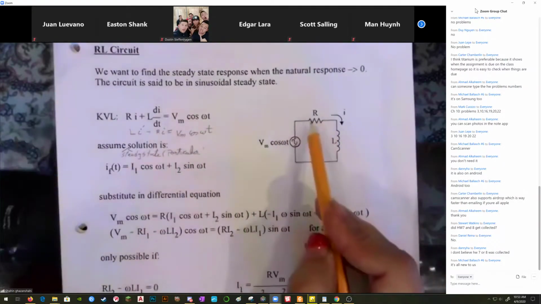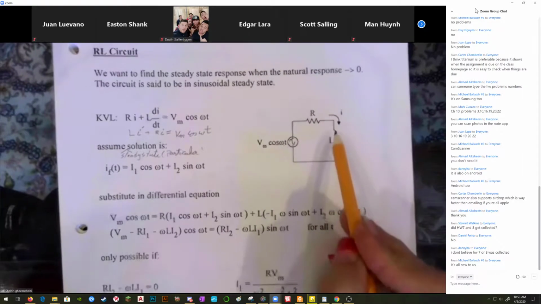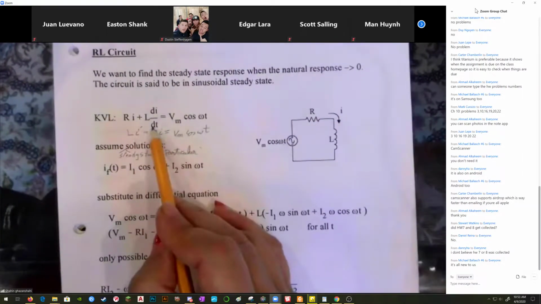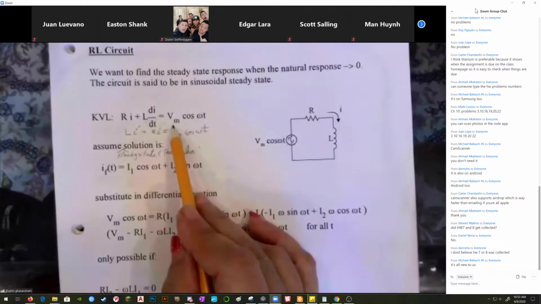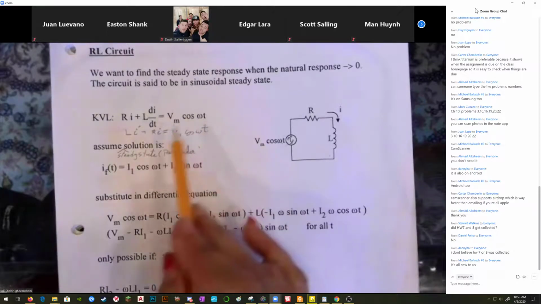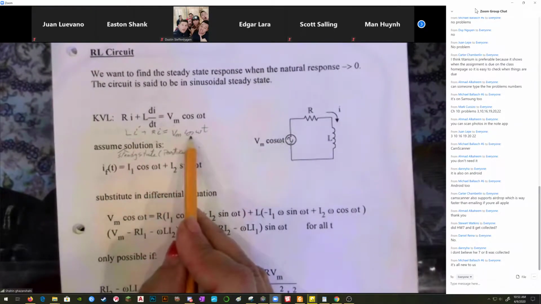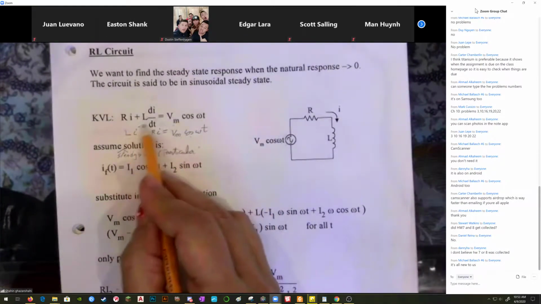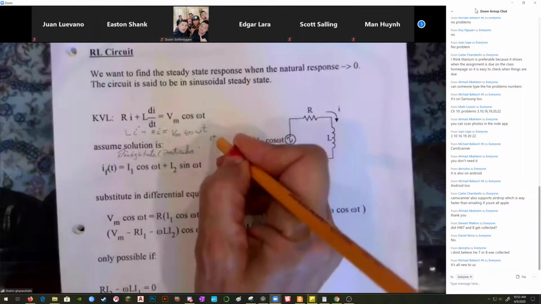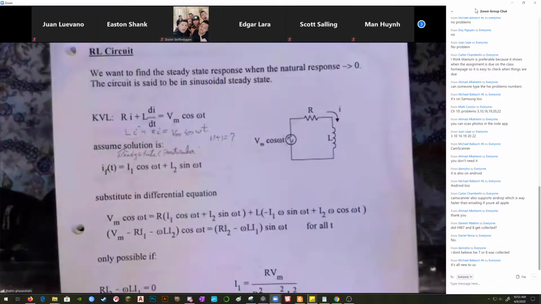R times I plus the voltage across the inductor, which is L di/dt, is equal to the source voltage, which is Vm cosine omega t. So you have basically a first order differential equation, okay? So if I want to calculate i(t), I need to solve this differential equation.